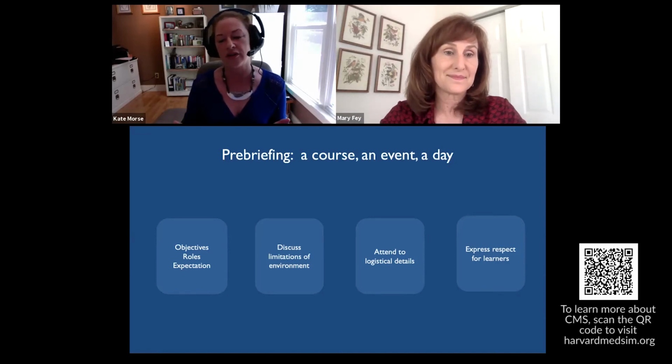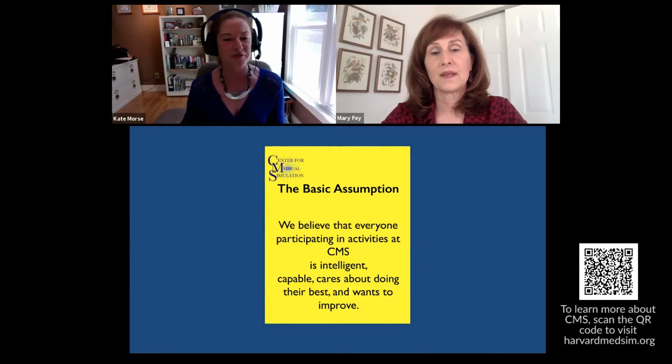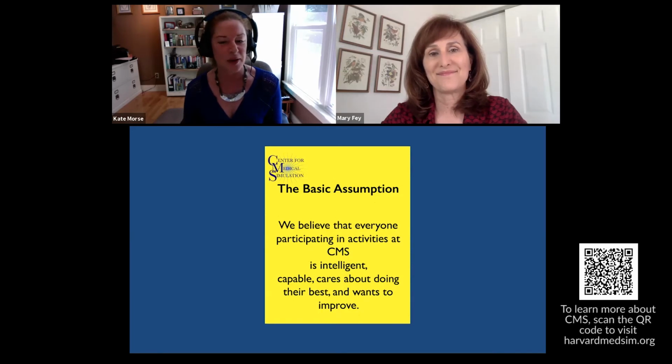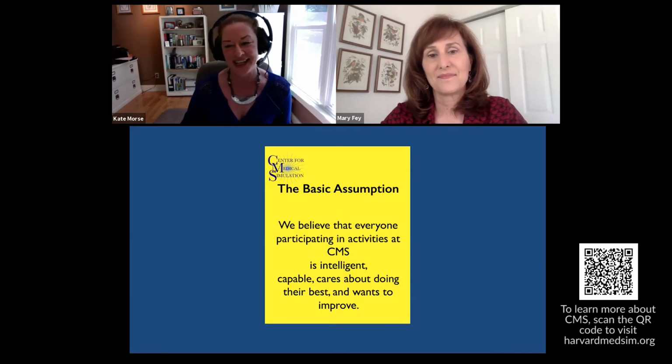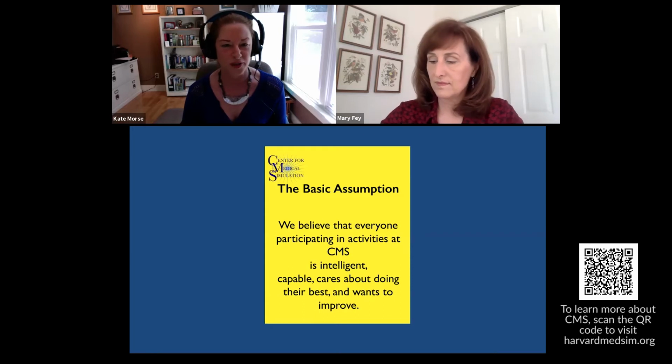And we think about respect for the learners, of course, being encapsulated in the basic assumption. As a reminder, the basic assumption is that we believe everyone participating in activities at the Center for Medical Simulation is intelligent, capable, cares about doing their best, and wants to improve.